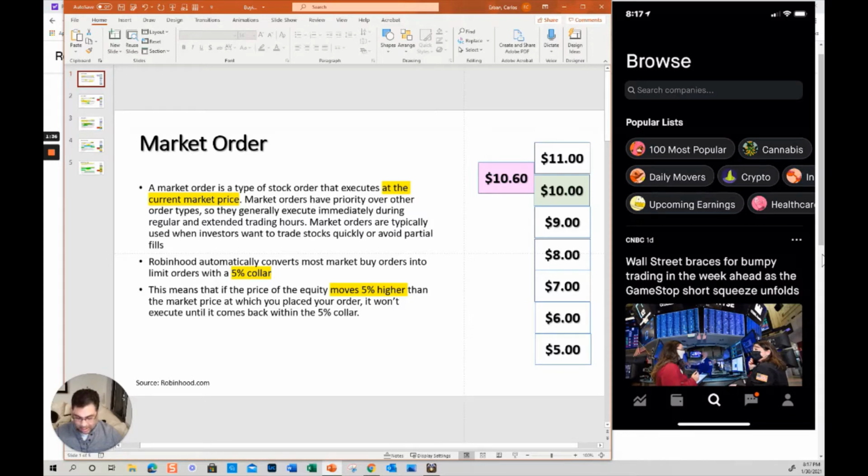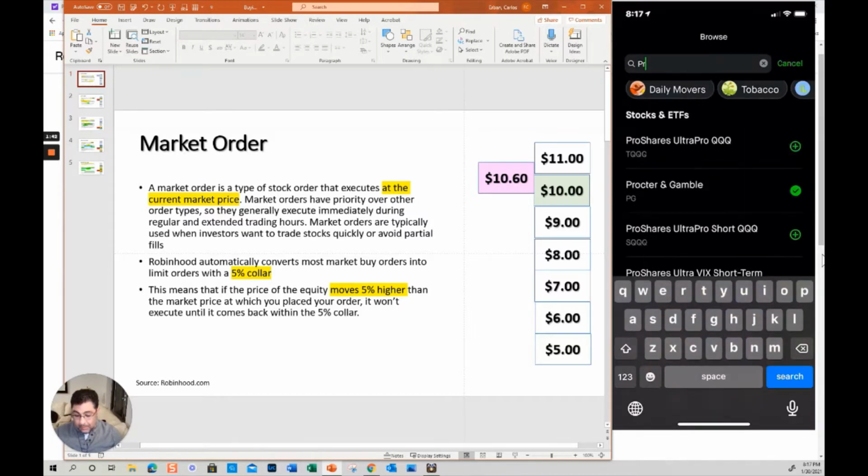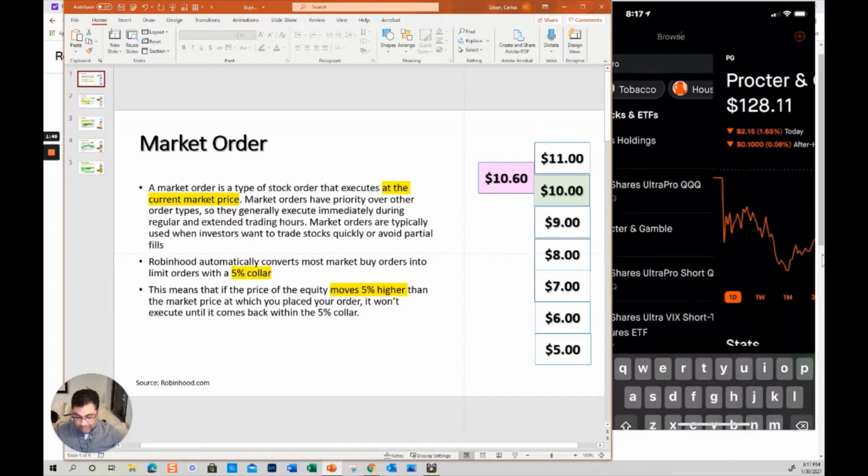If you know the name of the company and you don't know the symbol, you can just start writing out the name and it will find it for you. So I'm looking for Procter and Gamble. So here it is, PG.